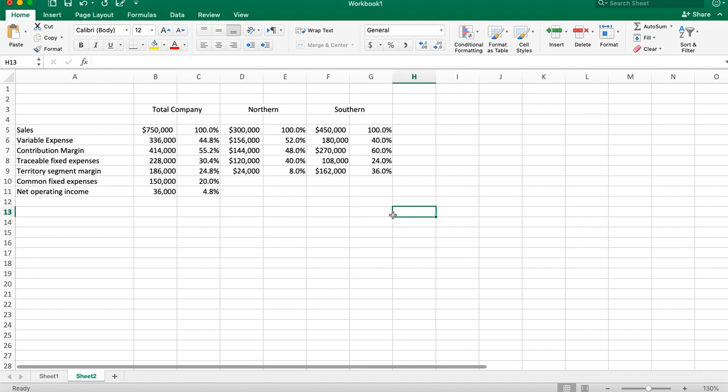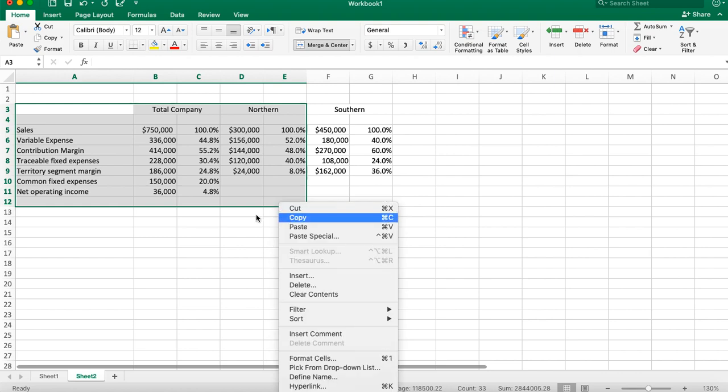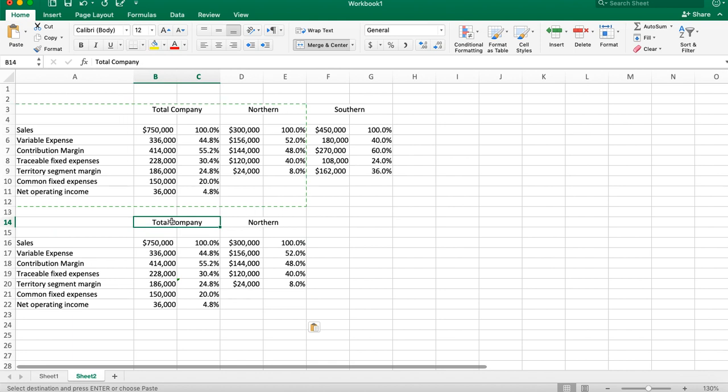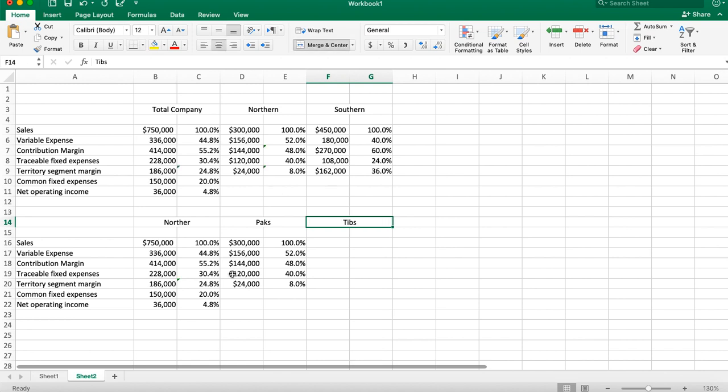So now what we're going to do is break this down even further, and I'm going to go ahead and use some of these formulas so that I don't have to repeat all of this. Except now we're going to break down Northern by product, rather than territory.